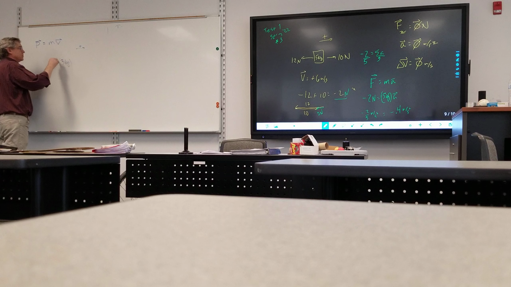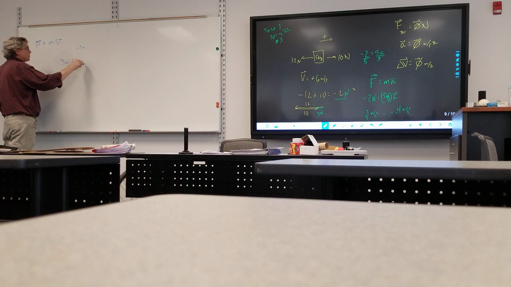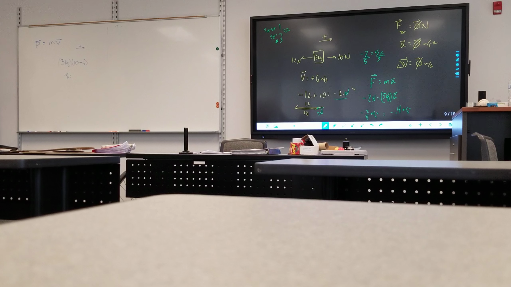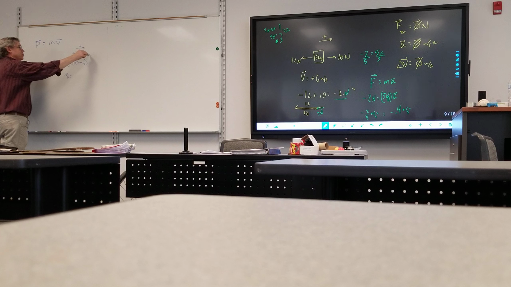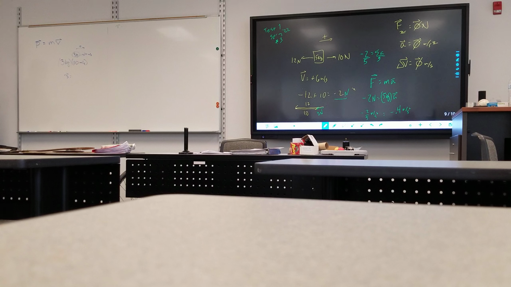3 kilograms times, we'll just say 10 meters per second. What is the momentum of this object? Try that one again. I have a 3 kilogram object going to the right at 10 meters per second. What's the momentum?